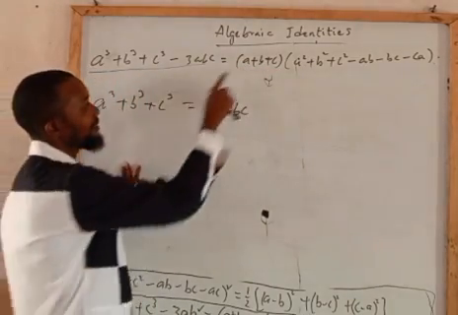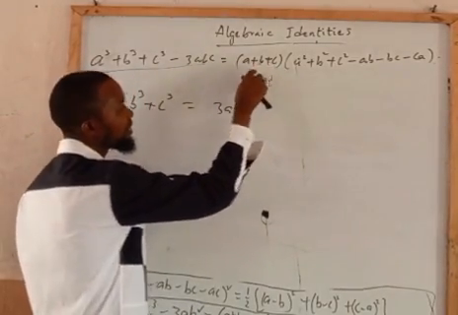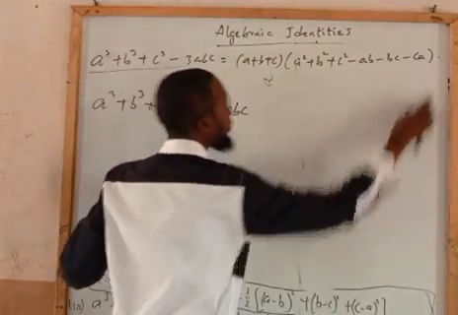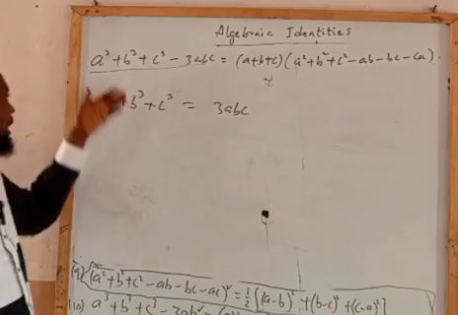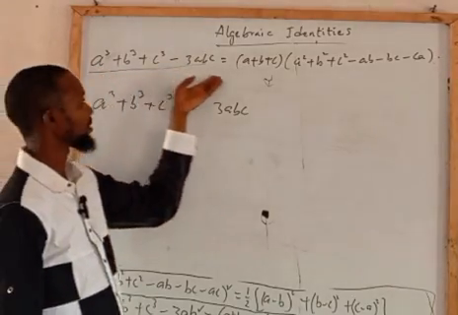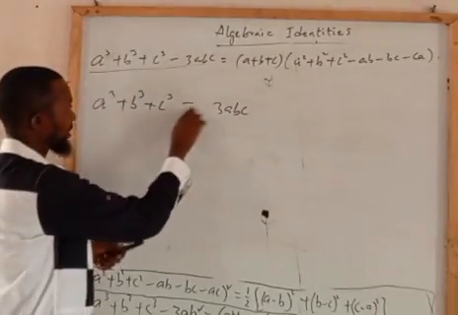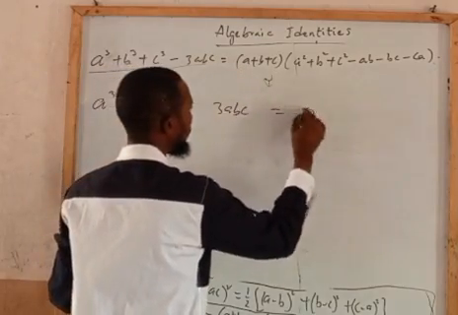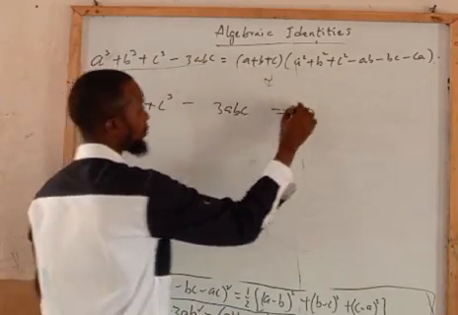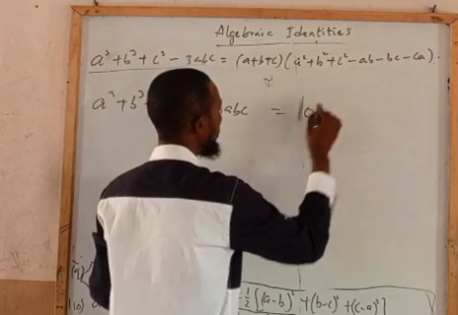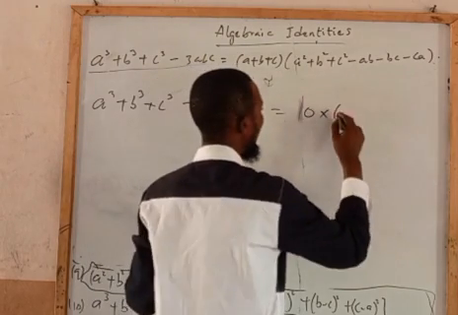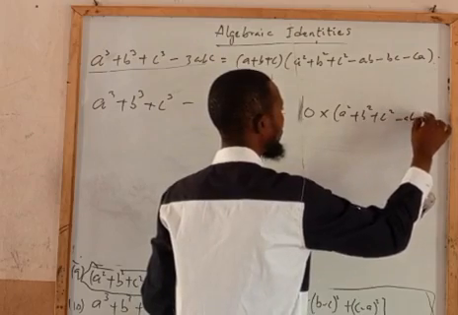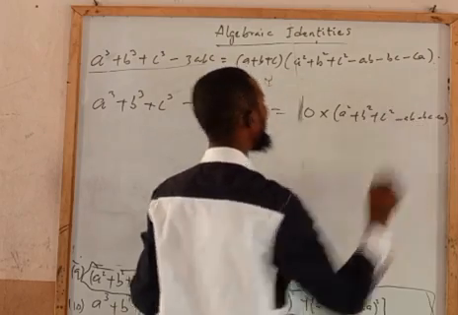Because if the addition of this and this is 0, this 0 will affect this and render the whole of this thing 0. Meaning that we are now going to say this minus this is equal to 0. Or let me write it this way. When we check this thing and it gives 0, right? Because if this is 0, it will be 0 multiplied by everything I have here, a squared plus b squared plus c squared minus ab minus bc minus ca.